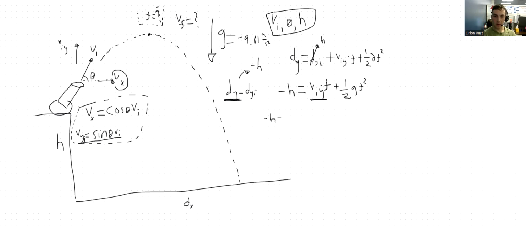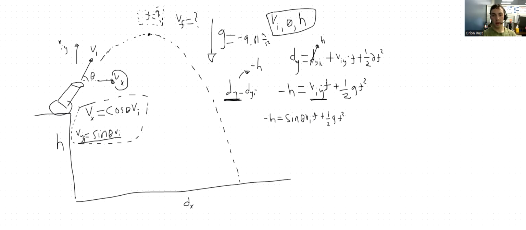Negative h equals, let's see, sine theta vi. That's our y component of the initial velocity, times the letter t, which is time, plus 1/2 gt squared.